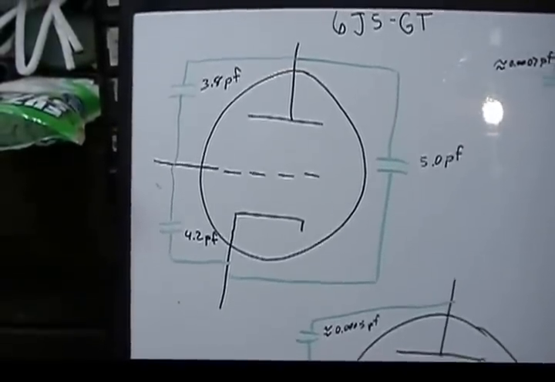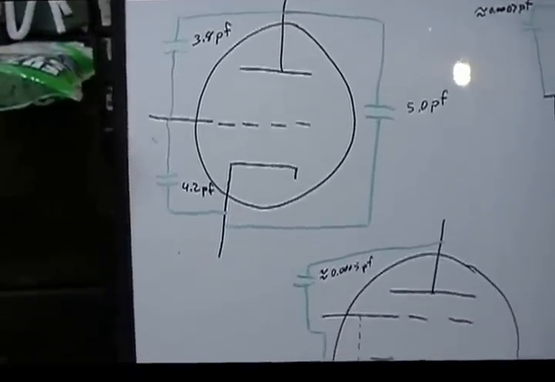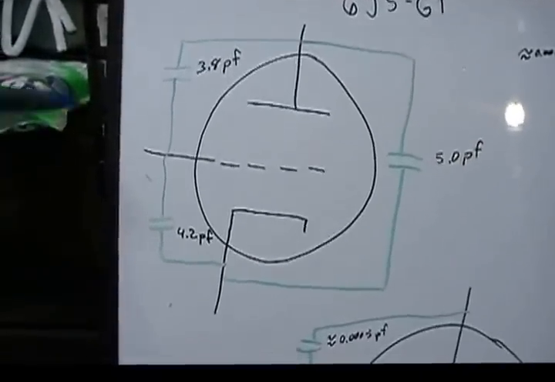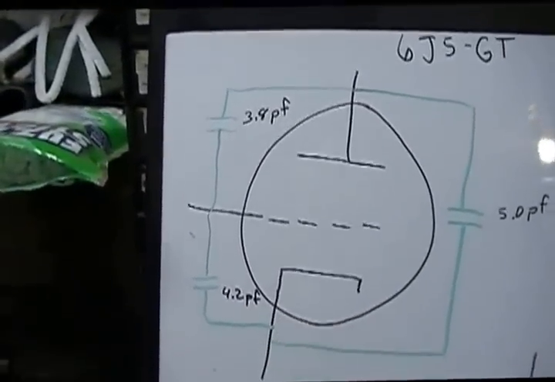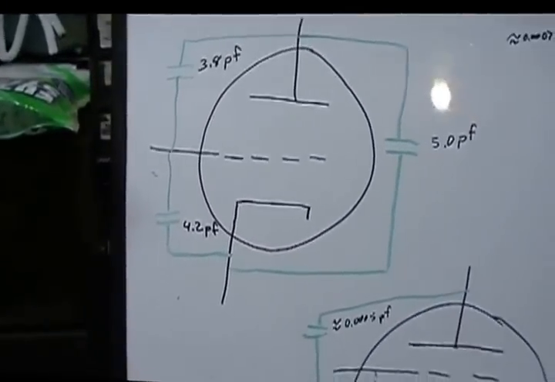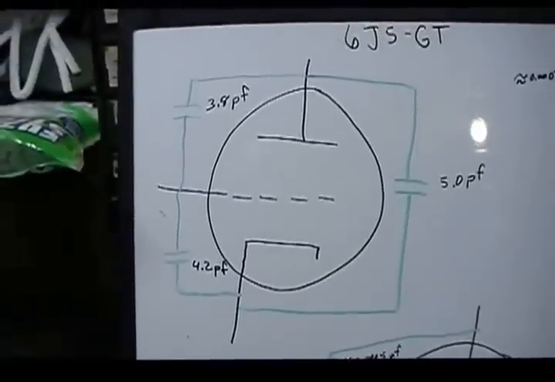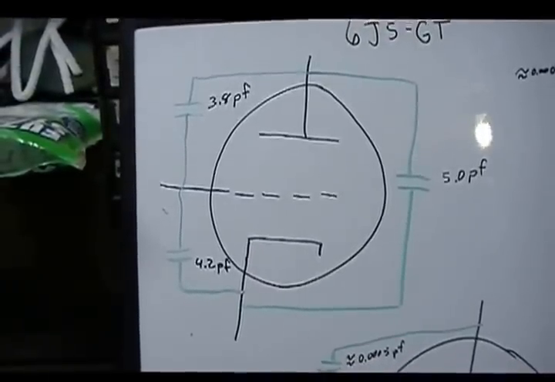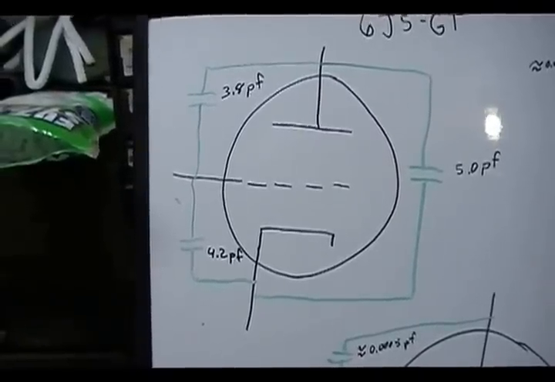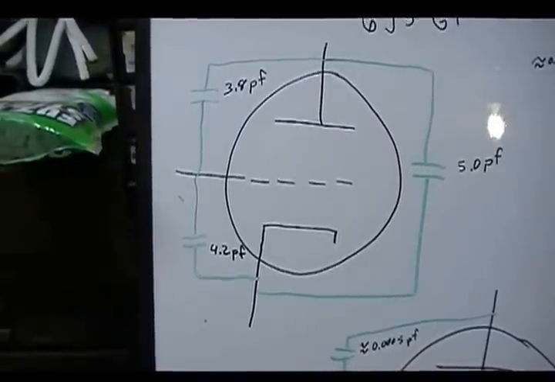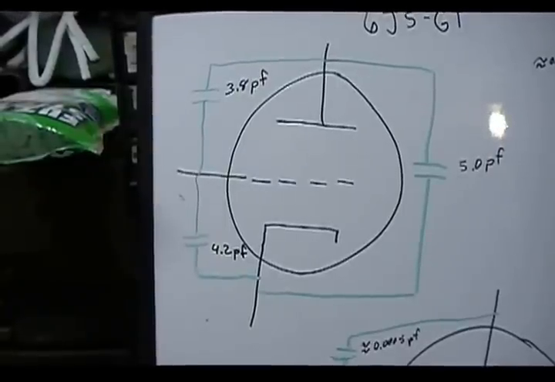Now, one of the big problems with a triode comes from what this green is. These are internal capacitances in the tube. Now, all tubes have it. Basically all a capacitor is, by definition, is 2 parallel plates that are separated electrically by an insulator of some sort.